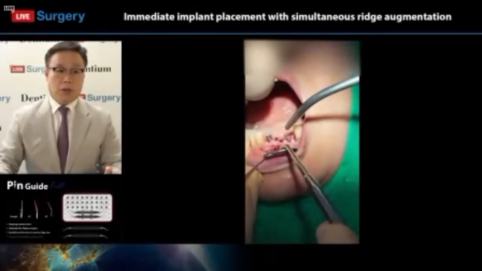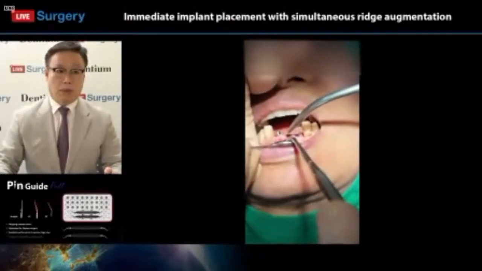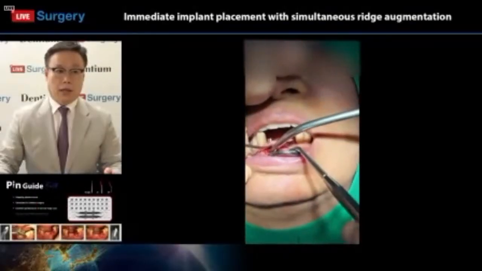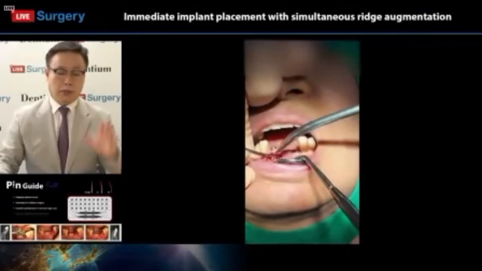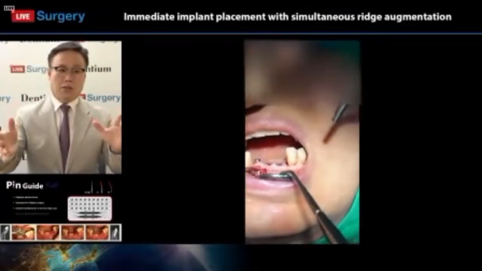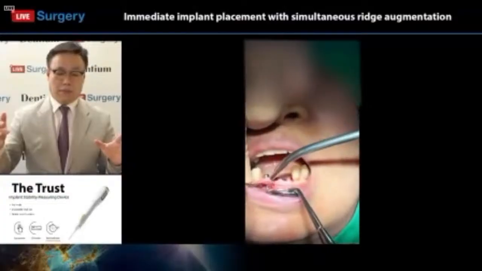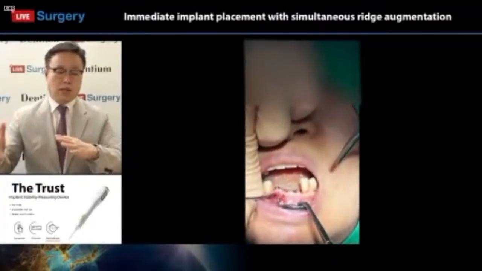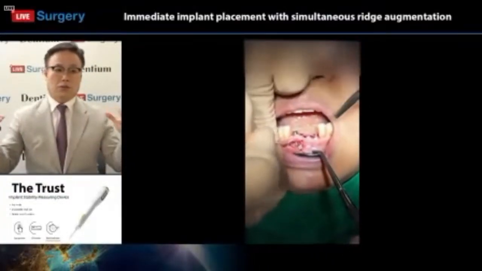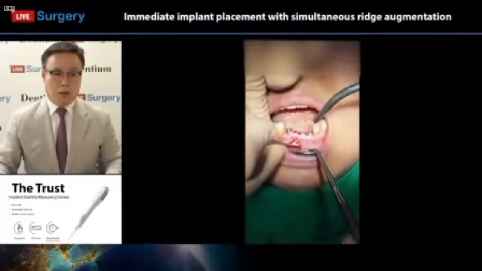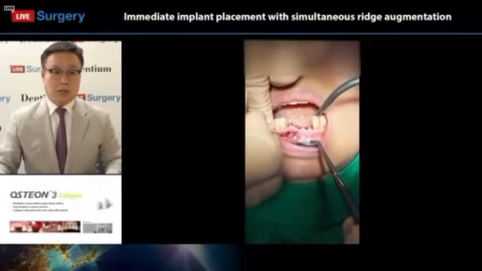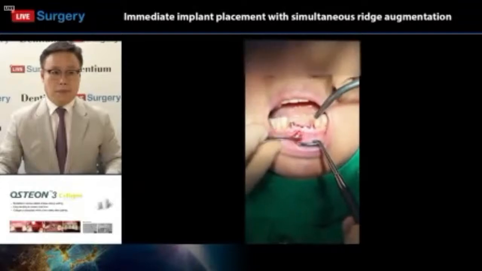So one of my favorite techniques for the soft tissue graft is the vestibular incision. I started with the soft tissue graft with the vestibular incision. Nowadays I'm applying this vestibular incision for hard tissue and soft tissue, or sometimes hard tissue and soft tissue together.